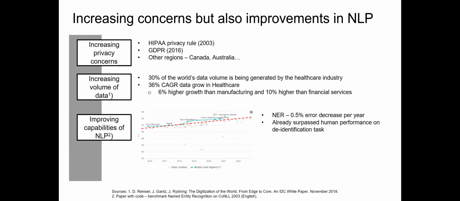It's because of improving NLP capabilities. The quality of NLP is increasing. Here's an example for named entity recognition. Every year, roughly, there is a 0.5% increase in accuracy. It cannot go above 100%, but it's going like this lately.